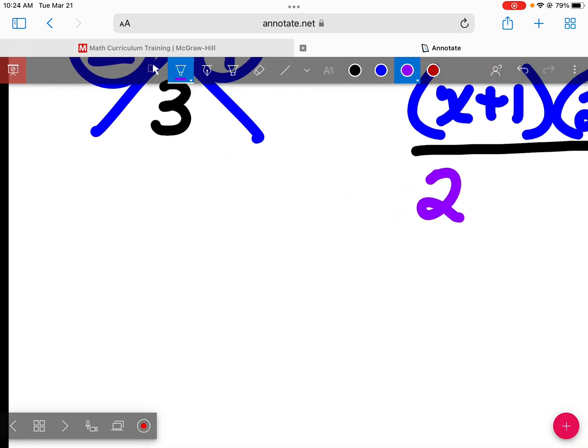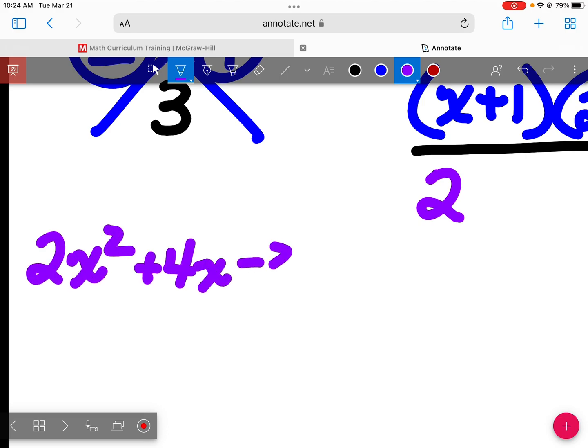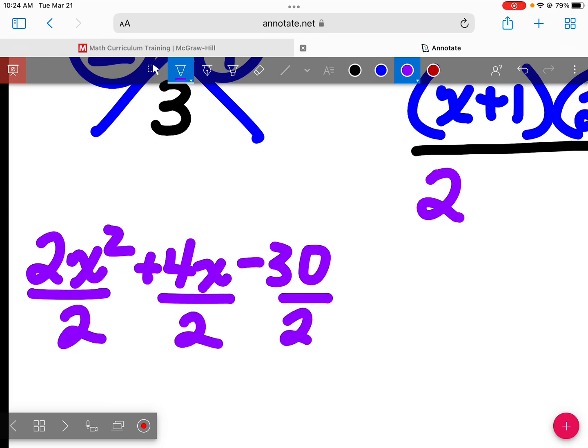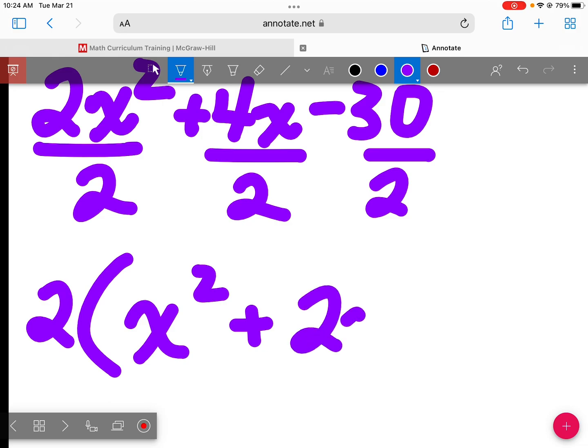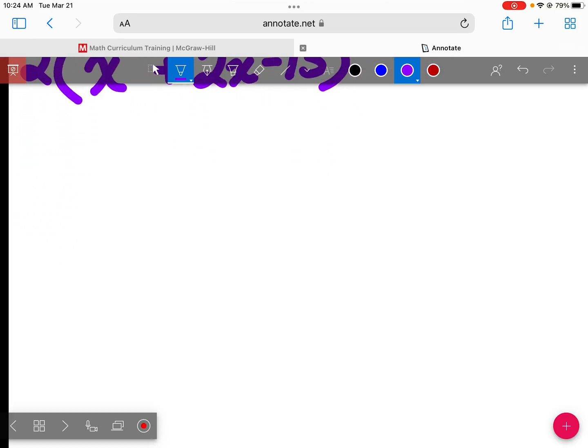And then I'm going to divide every single piece there by 2. 2x squared plus 4x minus 30. Divide each piece by 2. There's my GCF out in front. X squared plus what? 2x minus 15. Now my area model and my x.